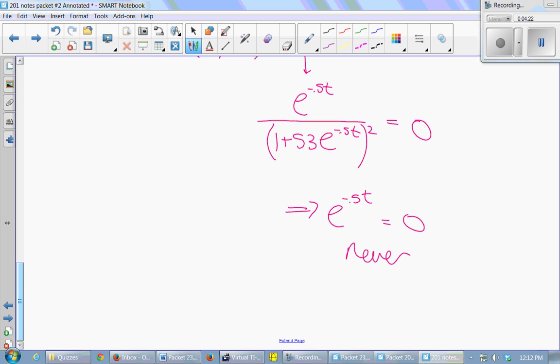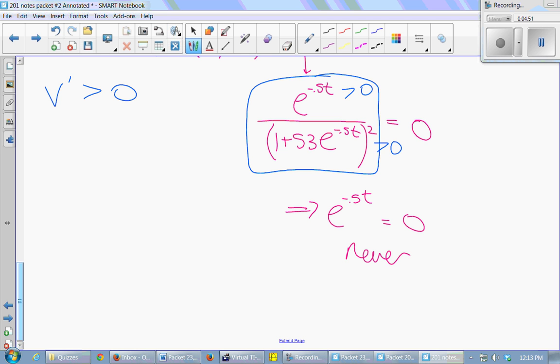And in fact, if we analyze this derivative for its sign, exponential functions are always positive. And then here I have some stuff in the denominator all being squared, which will always be positive, right? So you have a positive divided by a positive, which will always be positive. So it turns out that this derivative, V prime, is always positive.